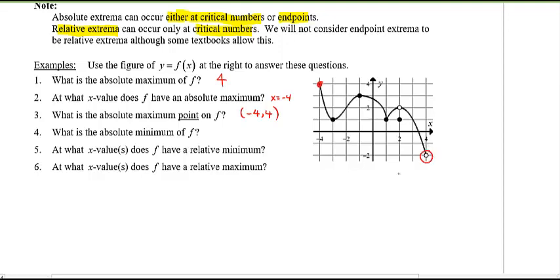What is the absolute minimum? If you said right here, and you wrote down negative 2, I'd say no, because this is an open dot. So really, it's something really close to negative 2. How close to negative 2 is it? Is it negative 1.9? Negative 1.99? How close is it?